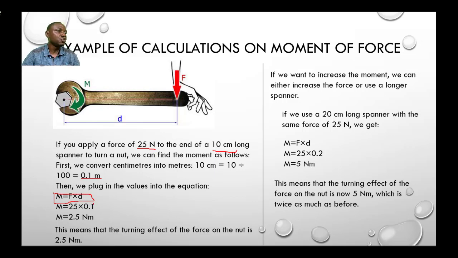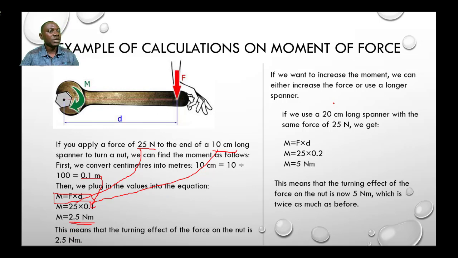So all we need to do is just plug the value into the formula. 25 comes here and 10 here, which is the same thing as 0.1, because we will have converted it to meter. Then we'll be able to get our answer as 2.5 Newton meter. So this means that the turning effect of the force on the knot is 2.5 Newton meter.